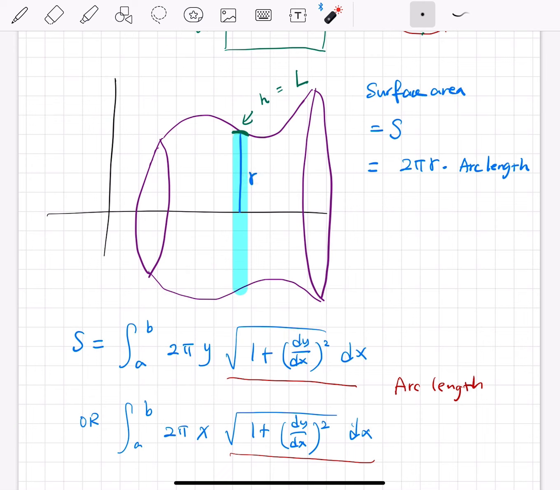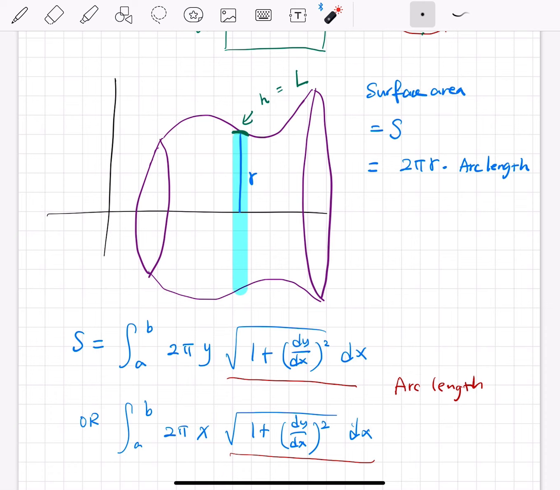If you rotate along the y-axis, which we do not have an example of here, then your radius is going to be the x. Still the same thing: if it's dx, you leave it as x. If it's dy, you have to rewrite x in terms of y, thinking about f of y.